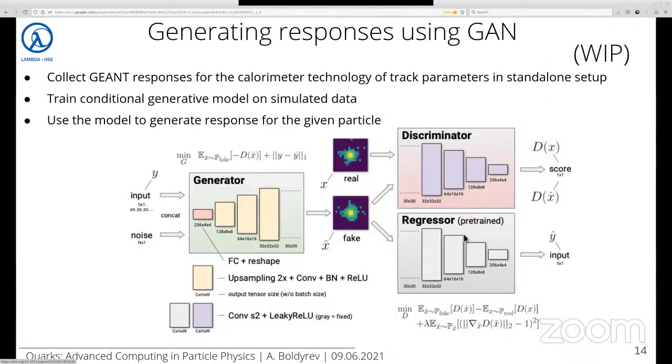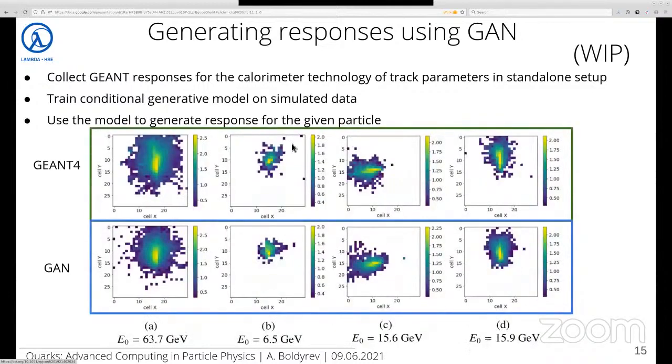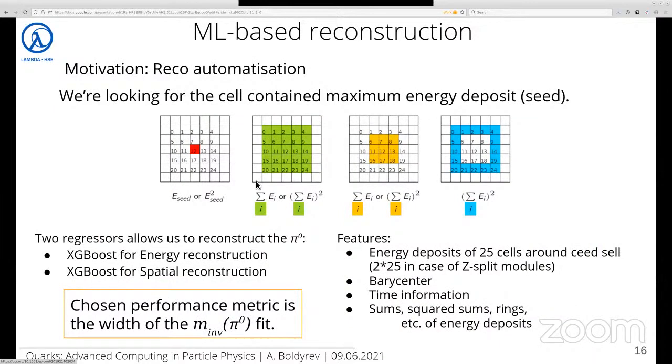This slide I want to skip because Artem just spoke about the generative models applied to the calorimetric clusters. So in our approach to how we realized this pipeline to construct the upgraded detector, we also use machine learning based reconstruction.